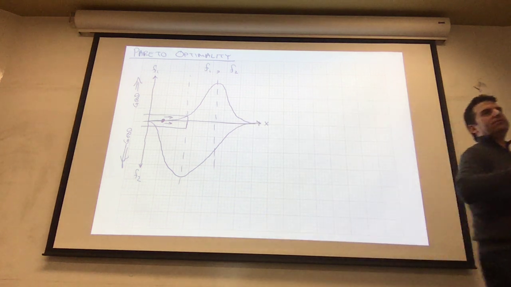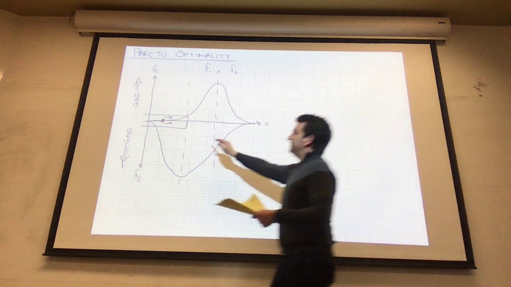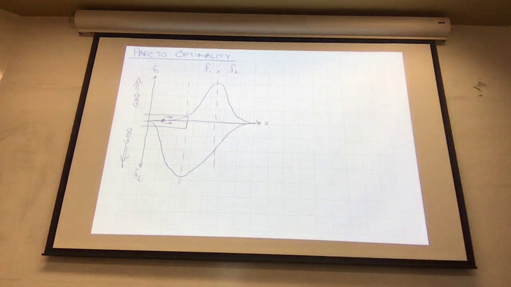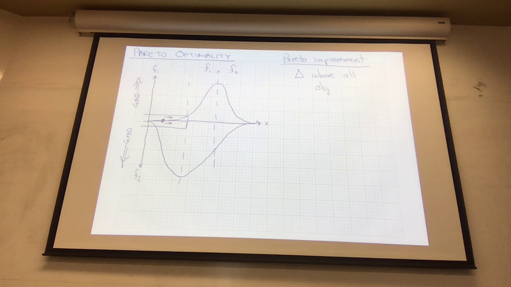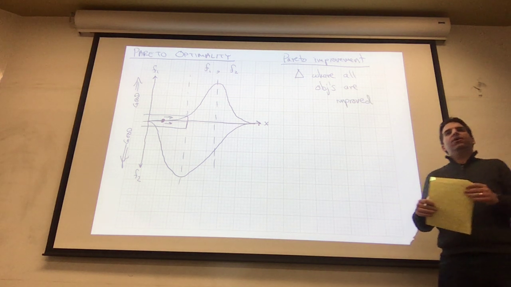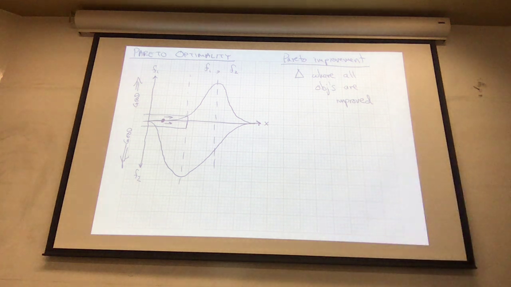So, all right, I'll put that term up here, Pareto improvement. That means it is a change where all objectives are improved. We can contrast that with a so-called non-dominated solution.